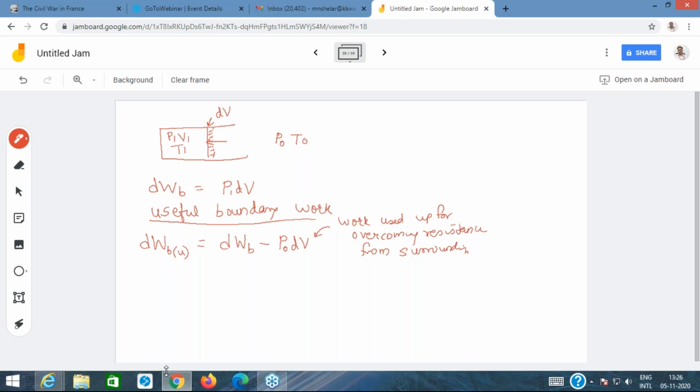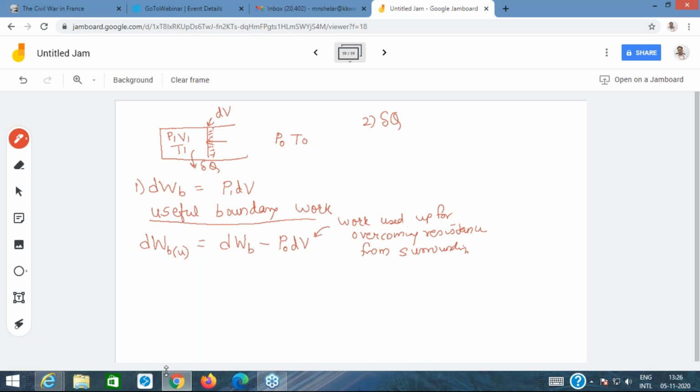Now, as I said, this system interacts with the surrounding in two ways. One is through the boundary work, and the other is through the heat transfer. So let me talk about the infinitesimal heat transfer del Q. Let us say there is an infinitesimal heat transfer del Q, and that is because of the temperature difference between T1 and T0.